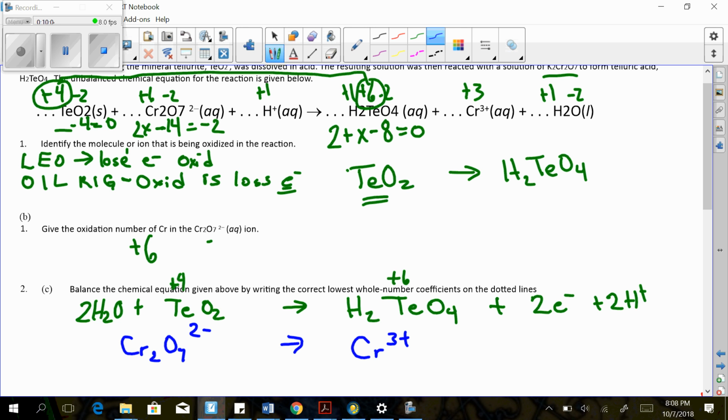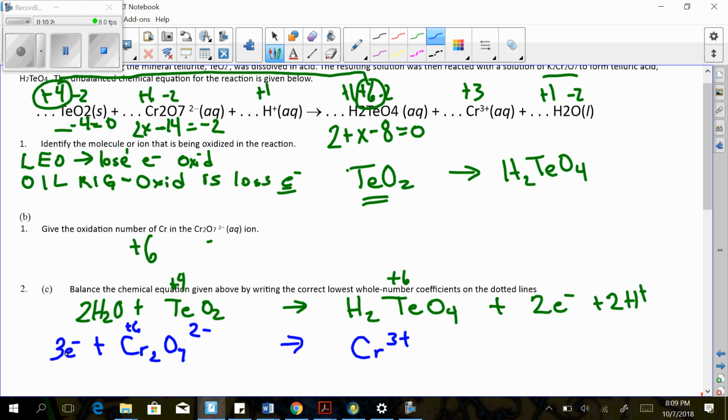And so if I look at that, this is going from a +6 before, so that's the oxidation state before, to +3 after. So I must be gaining, or must gain 3 electrons on this side.